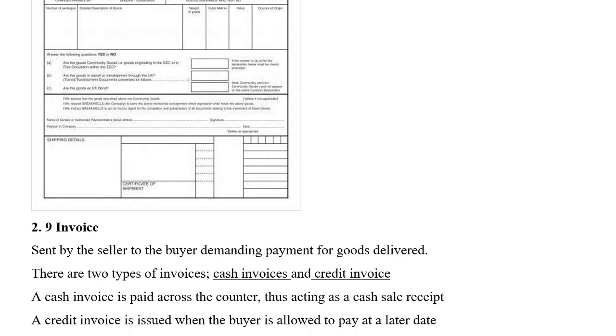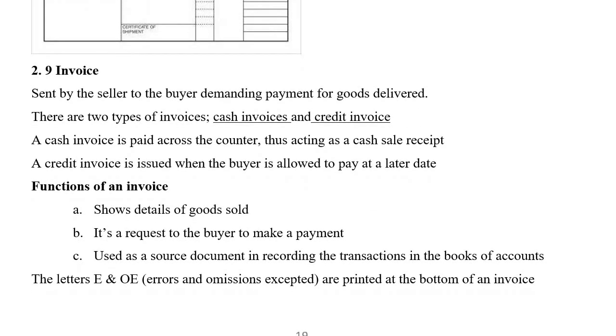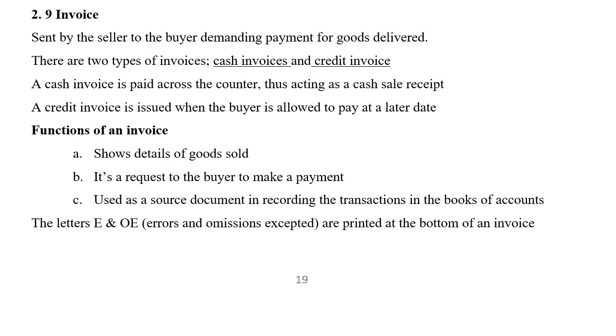So let's go to another Hometrade document that is called an invoice. What is an invoice? This is a document sent by the seller to the buyer demanding payment for goods delivered. There are two types of invoices.